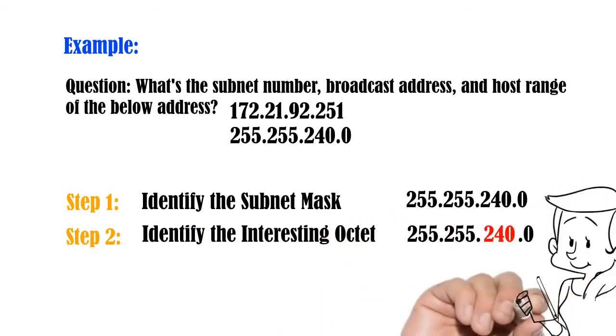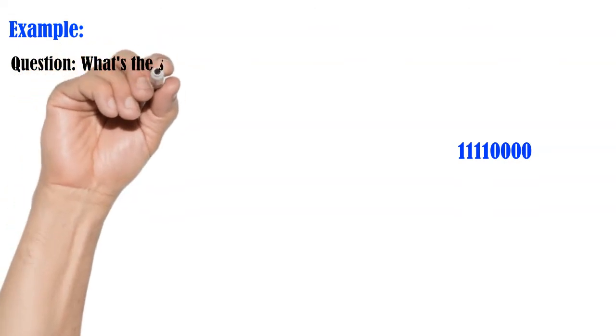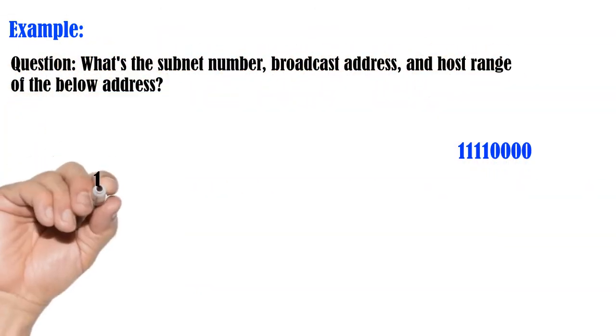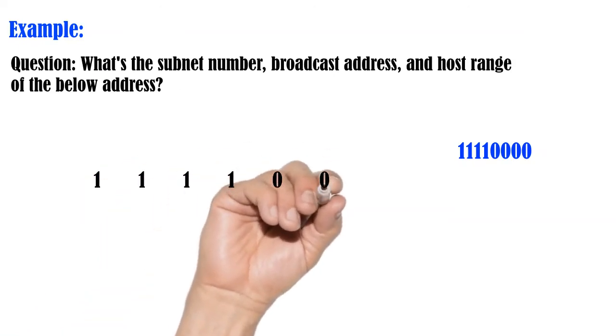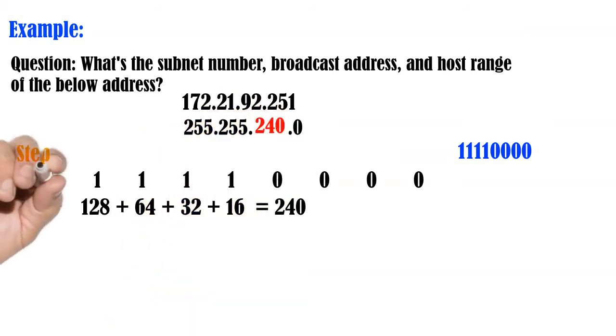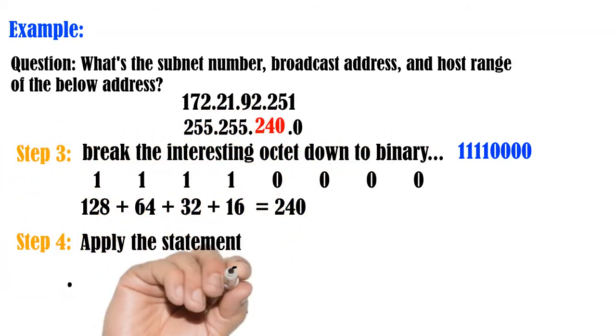So I take 240 and turn it into binary. Now I know the binary representation is 4 ones and 4 zeros. Why? Because I remember that 4 ones is 240. However, if I didn't remember that, I can always derive it by adding 128 plus 64 plus 32 plus 16. And that equals 240.